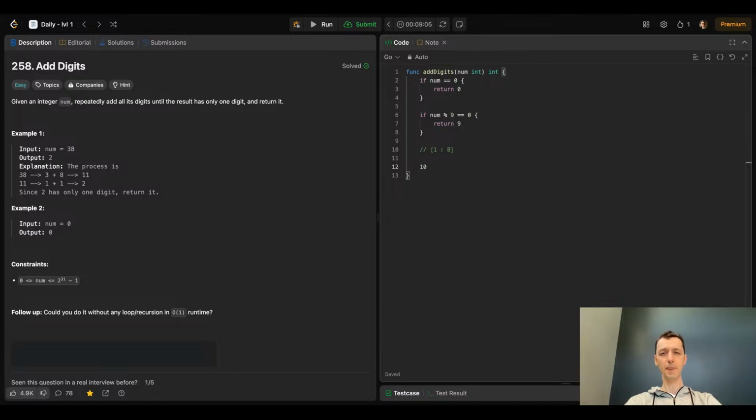Because if we have 10, divided by 9, the remainder is 1, and the 1 is the answer. So let's see, return num divided by 9. But what if it's 100? 100 divided by 9 will give us, yeah, the remainder will be what?